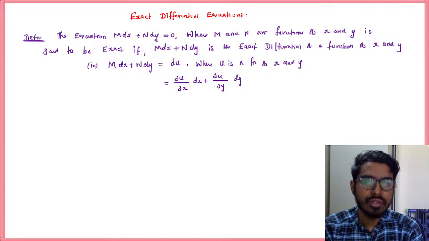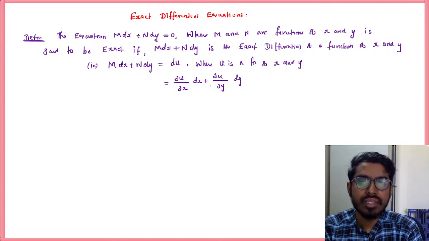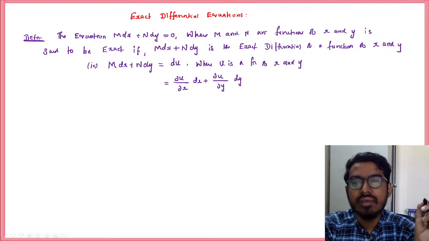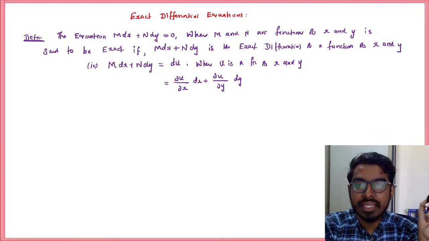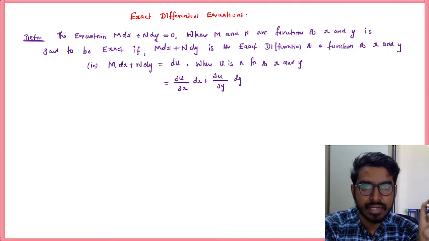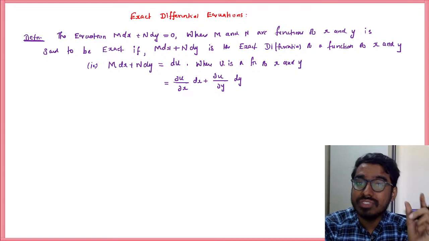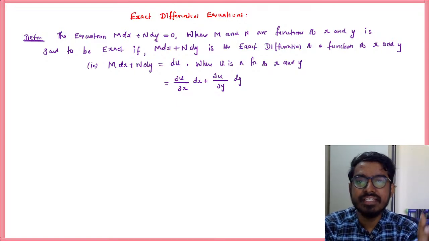So we're going to introduce one very simple theorem that tells when the equation M dx plus N dy is equal to 0 will be exact, without using this result. It is a very, very important theorem, very powerful to check whether the equation is exact or not.